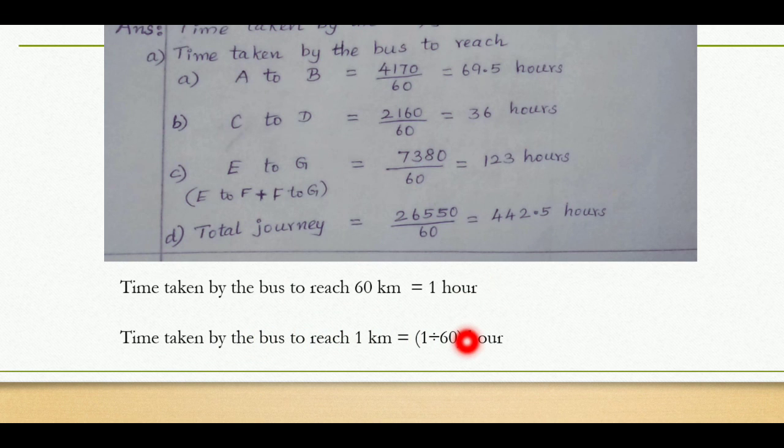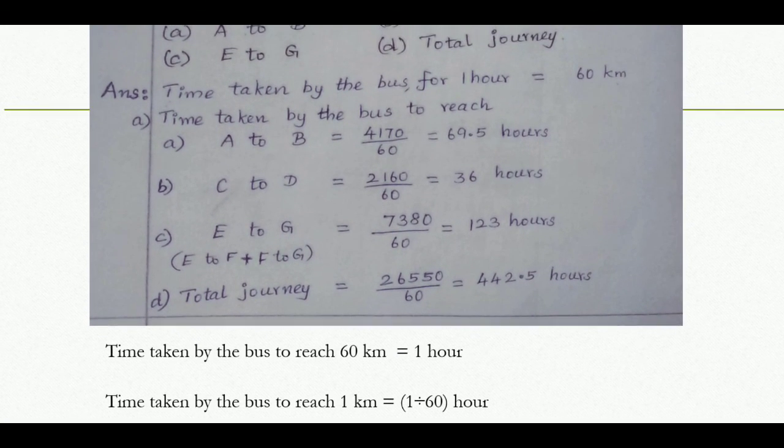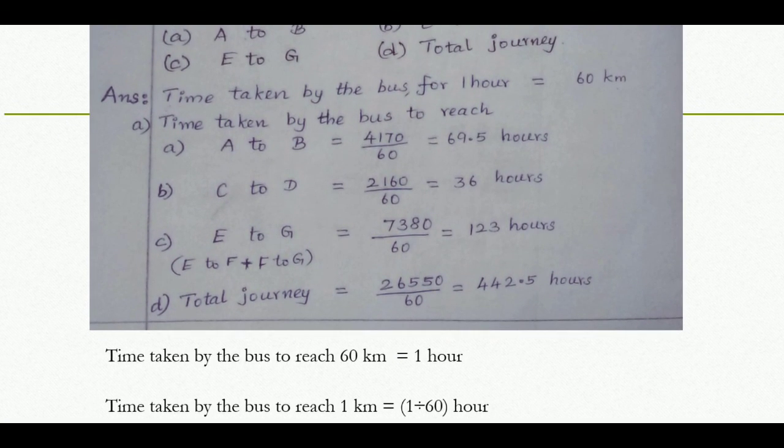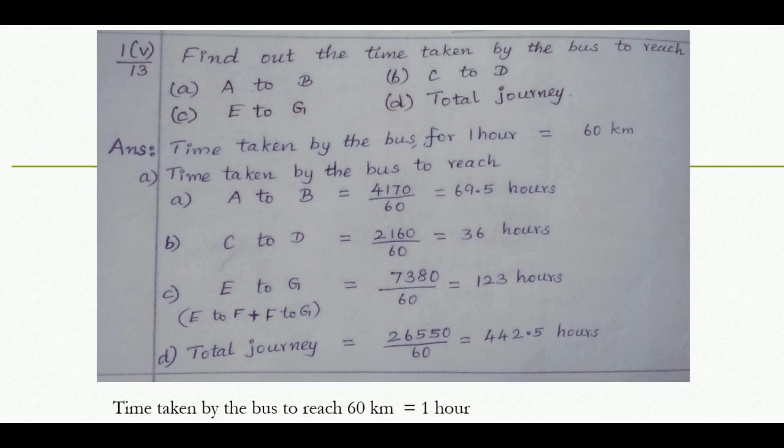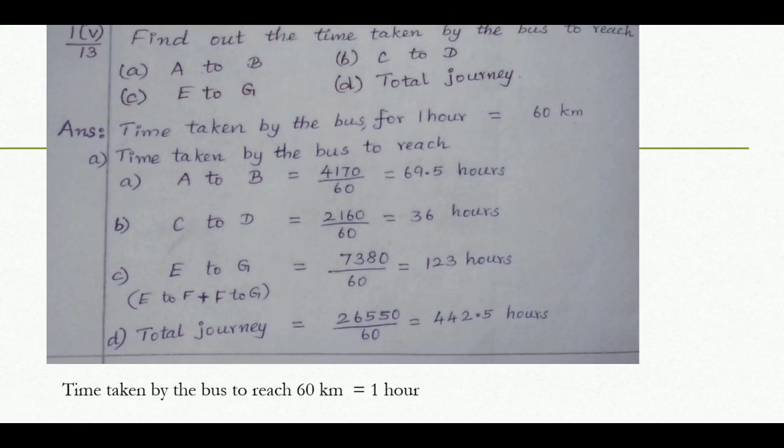Using this concept of unitary method, we find the time taken by bus to reach A to B. So time taken by the bus to reach 4,170 kilometers is equal to 4,170 divided by 60, which is equal to 69.5 hours.